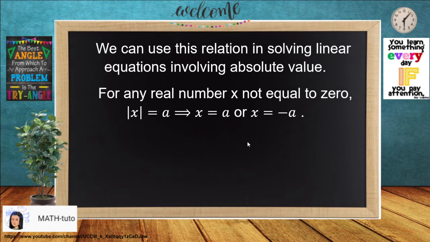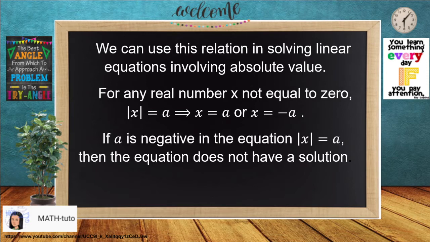We can use this relation. But take note that if a is negative in the equation, absolute value of x equal to a, then the equation does not have a solution. Because since absolute value represents distance, it should always be positive. Okay? So if in the equation a is negative, then it doesn't have a solution.